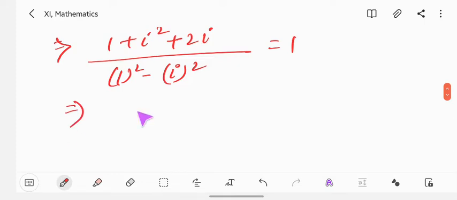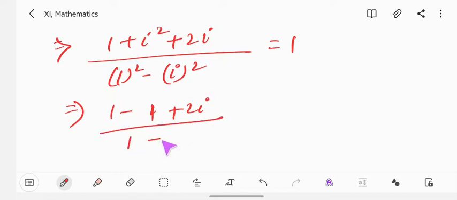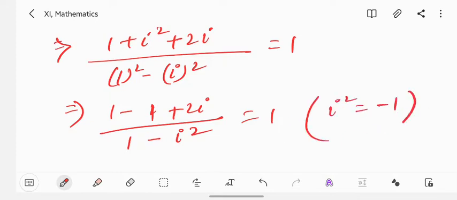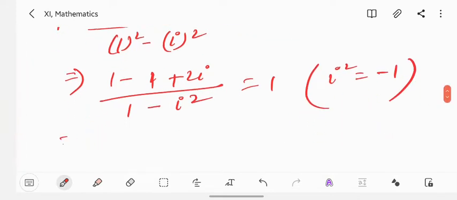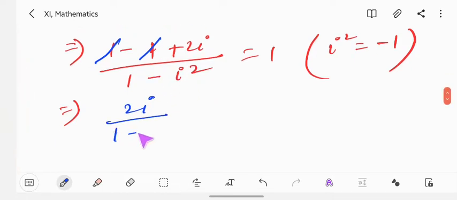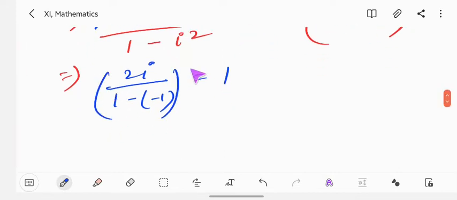Another implies sign: 1 plus i square is 1 minus 1 plus 2i, divided by 1 minus i square, equals 1. i square equals minus 1. These two values get cancelled. We have 2i upon 1 minus minus 1 equals 1, and the power is m, of course.